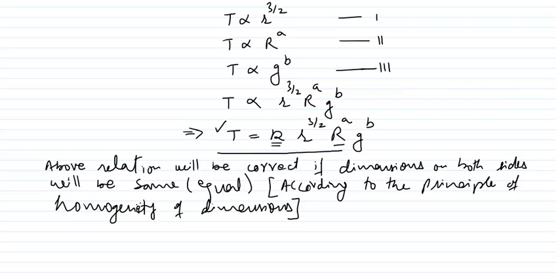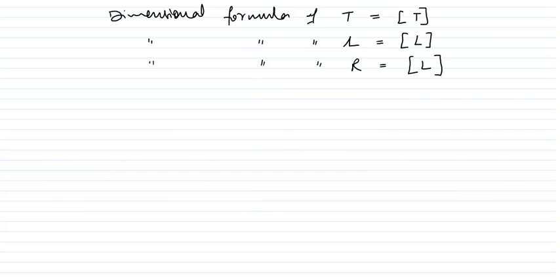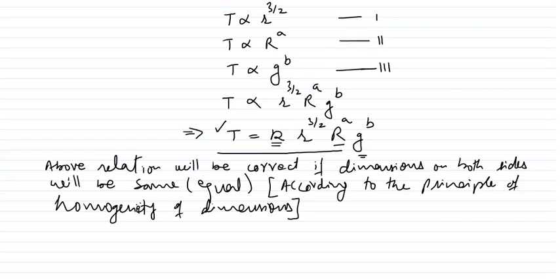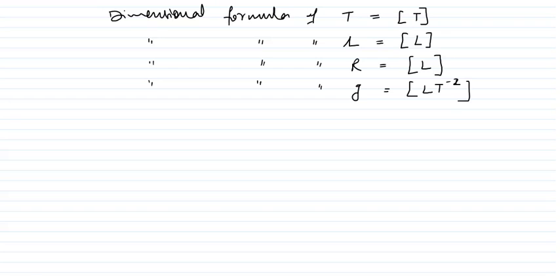Next one, g. g is the acceleration due to gravity. So the dimensional formula of g will be LT^-2.